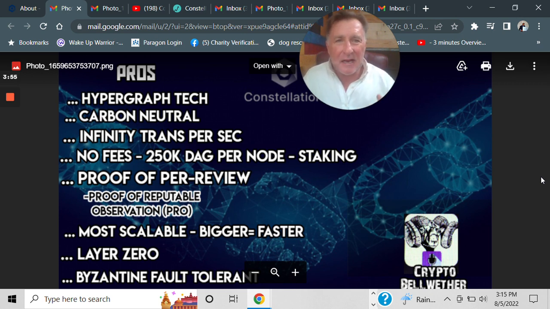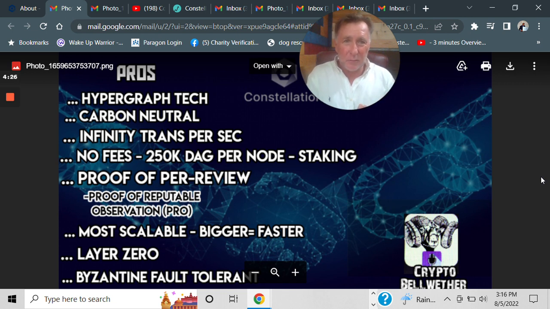Now, it's a layer 0. I've heard that before, but most blockchain protocols that claim they're layer 0 claim it because they don't technically have a layer that has interoperability in between the layers. But that's not a true layer 0. This is the only blockchain, from my understanding, that is a true layer 0.